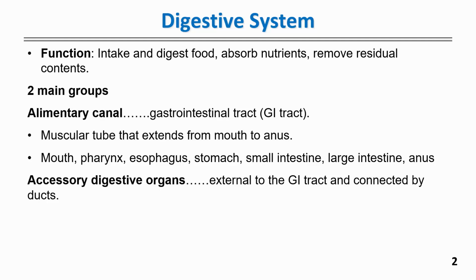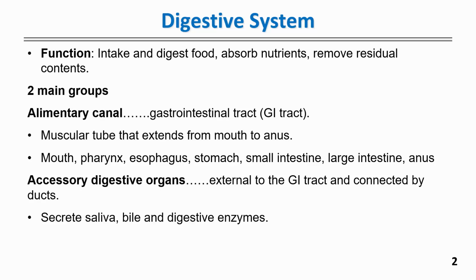The second major group of the digestive system are the organs that surround the alimentary canal, and we simply refer to those as the accessory digestive organs. These organs are connected to the alimentary canal through a series of tubes, simply referred to as ducts.